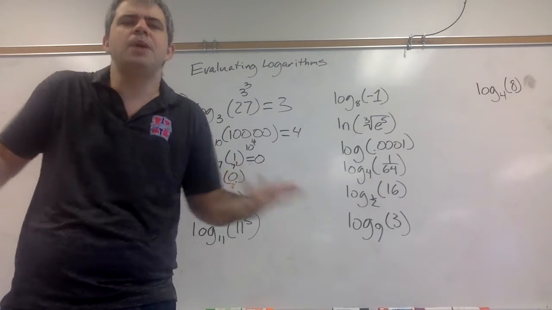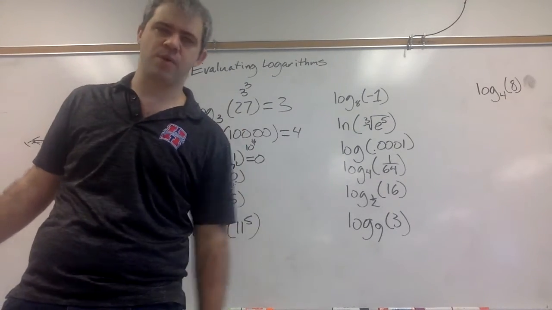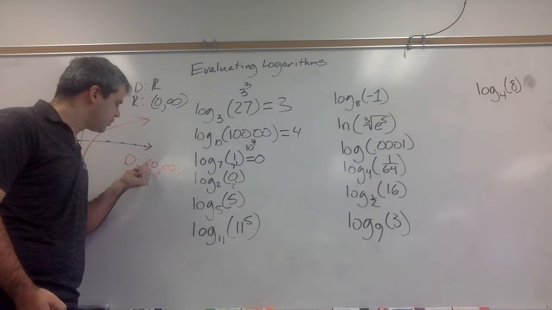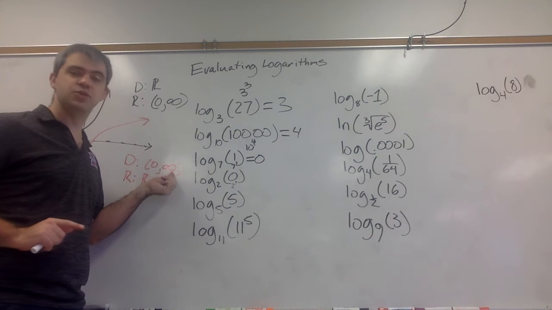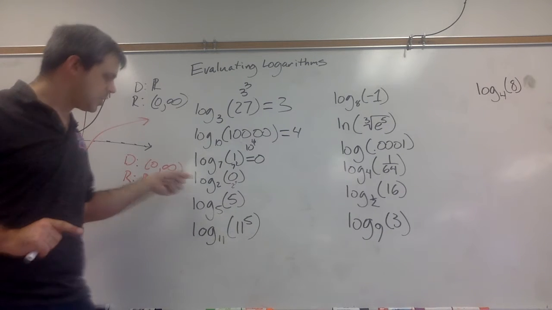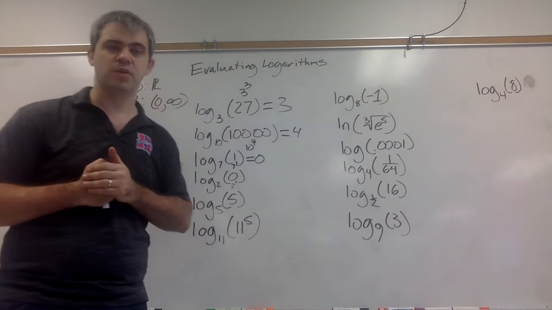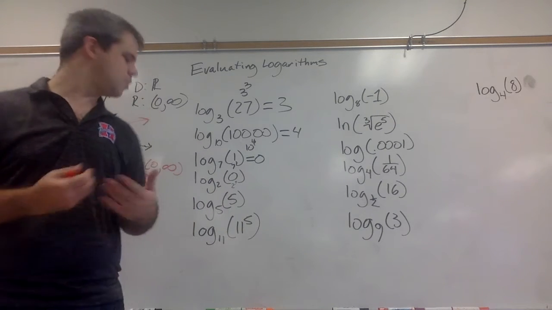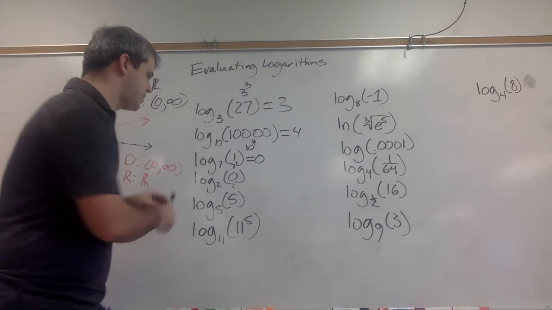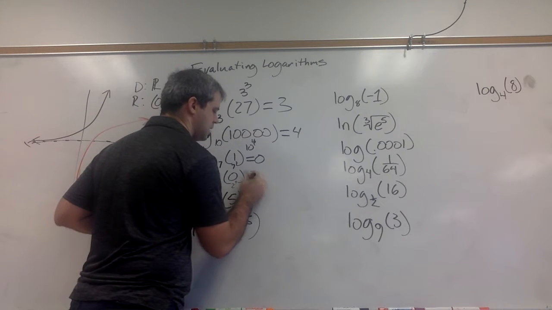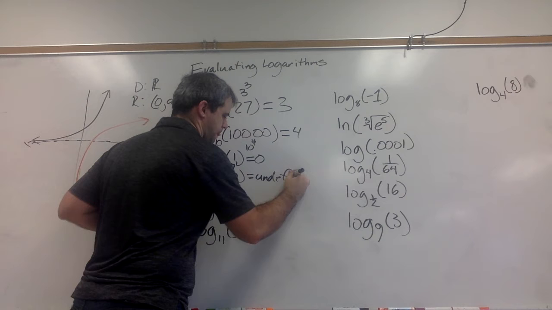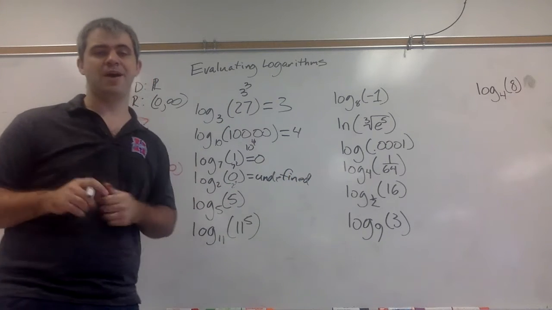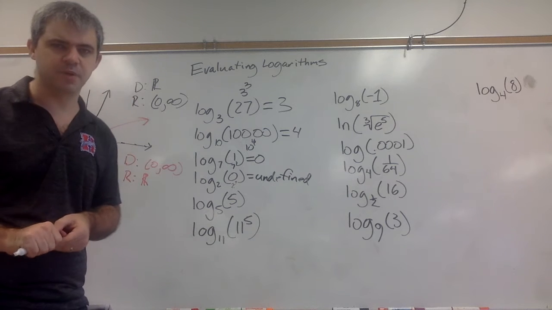So it's saying what numbers are we allowed to shove into a logarithm? Only numbers from 0, not inclusive, to infinity. So when I try to shove a 0 into a logarithm, it's meaningless. It doesn't work. So this is undefined. I can't do 2 to any power and get 0. That's impossible.